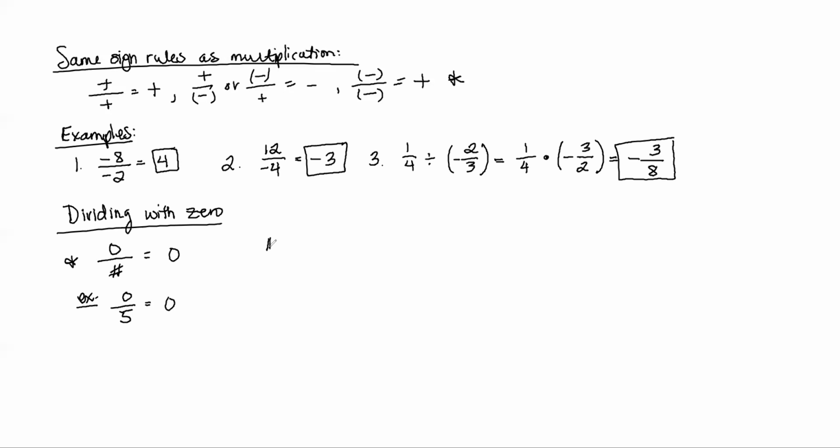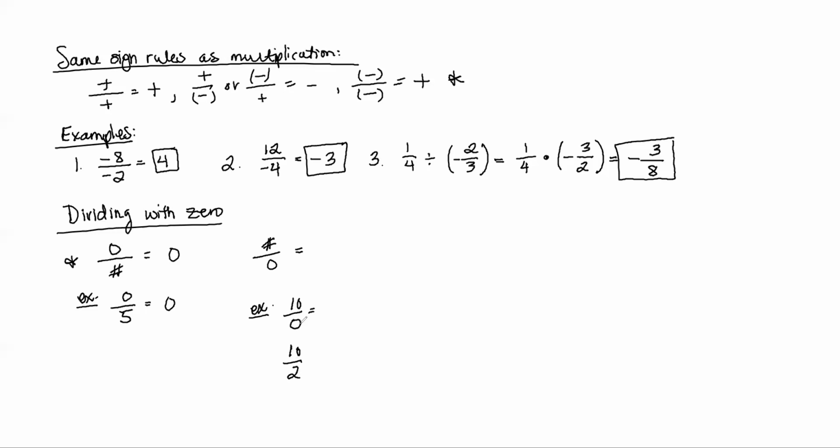But if we have some number divided by 0, let's think about this one by looking at an example. Let's say we have 10 divided by 0. So we want to know how many times does 0 go into 10? Well, if we had 10 divided by 2, we would get 5 because we can count up by 2 5 times to get to 10.